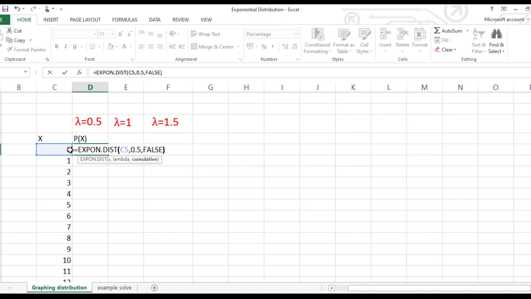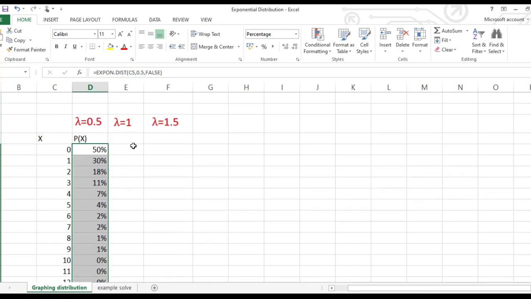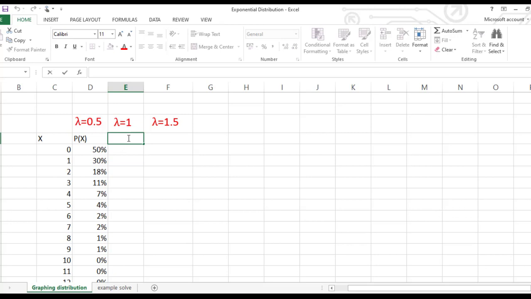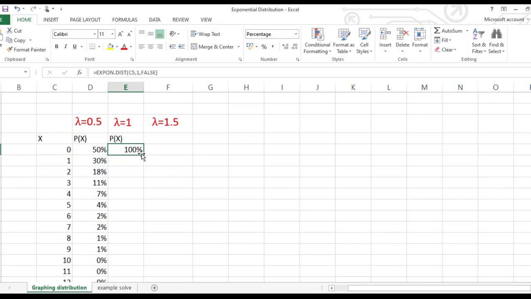So I am double clicking it to calculate the associated probabilities. Okay. Now what would be the case when lambda equals to 1? Here I am just changing the value of lambda in the exponential distribution command. Now lambda has become 1. Okay.